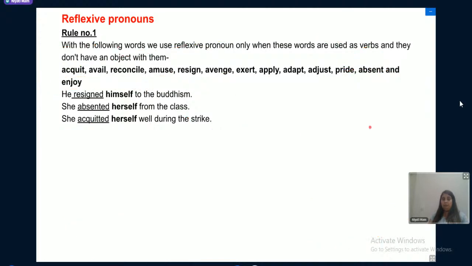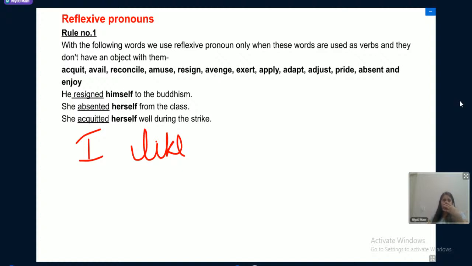For example, if I come to you and say simply to your face, I like, do you understand what exactly I am saying? No, because the sentence is not complete.